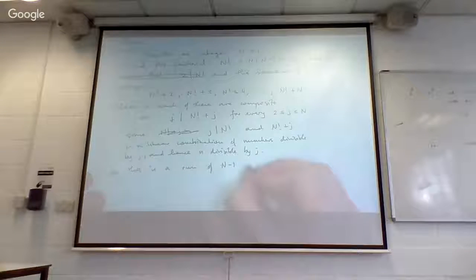So this is a run of how many numbers? Well, there's n minus 1 consecutive composite numbers.